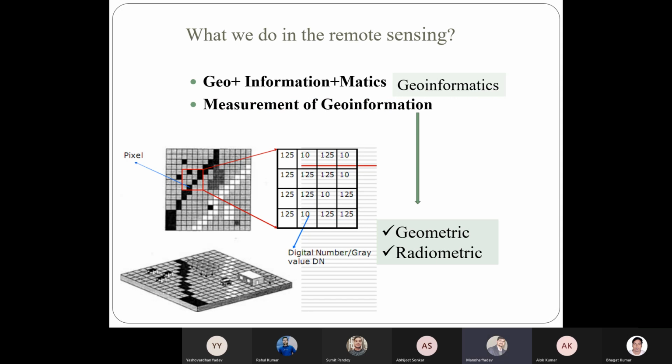I think we had a discussion on this slide, and now it will be clearer to you. When we talk about radiometric detail, it means the transformation of the information within an Earth surface object into the equivalent digital number. So we define a pixel over here.